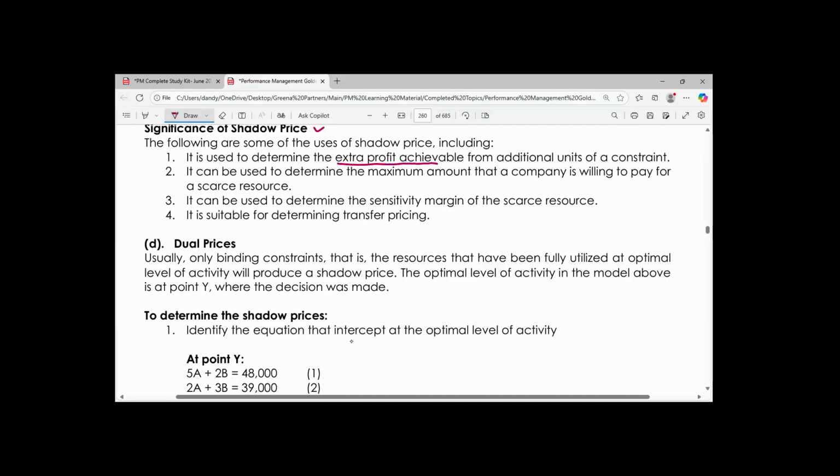Three, we can use dual price to determine transfer price. Number four, it can be used to determine the sensitivity margin of a scarce resource. So these are the significance of shadow price or dual price.